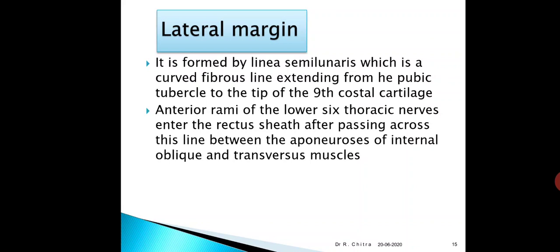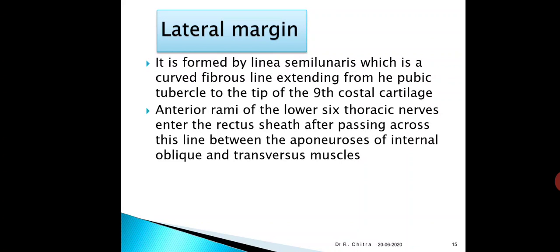Now the lateral margin. The lateral margin of the rectus sheath is formed by the linea semilunaris. It is a curved fibrous line extending from the pubic tubercle to the tip of the ninth costal cartilage. Its importance is that the anterior rami of the lower six thoracic nerves enter the rectus sheath after passing across this line between the aponeuroses of the internal oblique and transversus muscles.